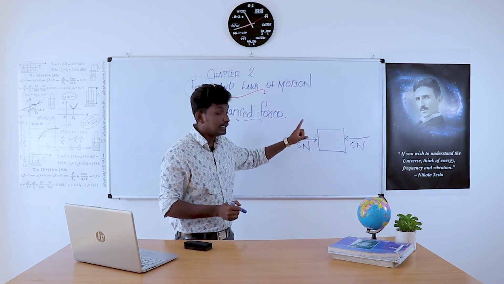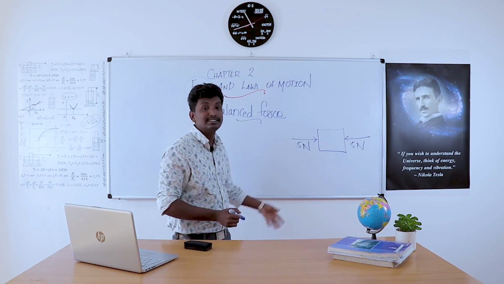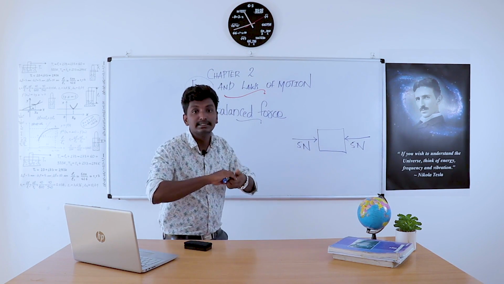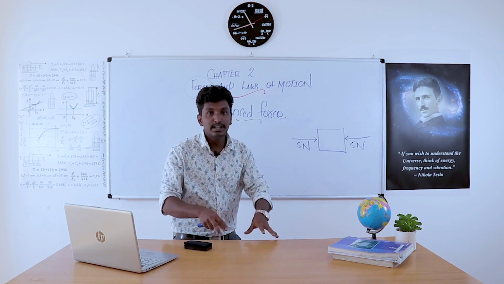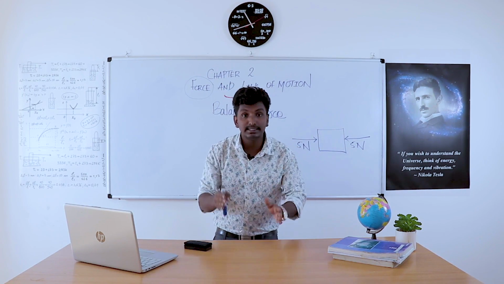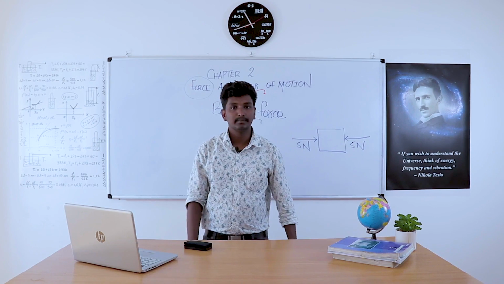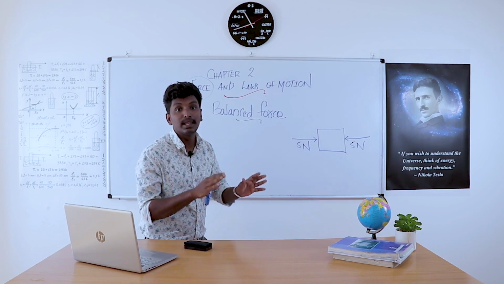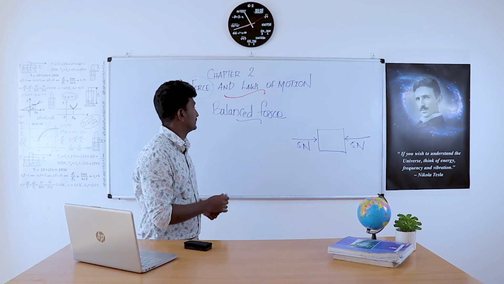Then look, the magnitudes of the forces applied from opposite directions are the same and the directions are opposite. Then the body does not change its state. It remains in its state of rest or in uniform motion. Then the forces applied on this object can be called balanced forces.